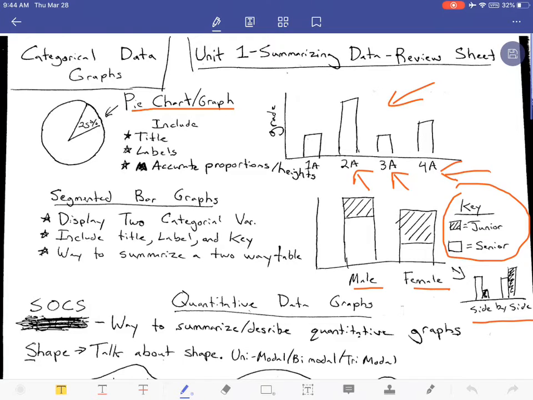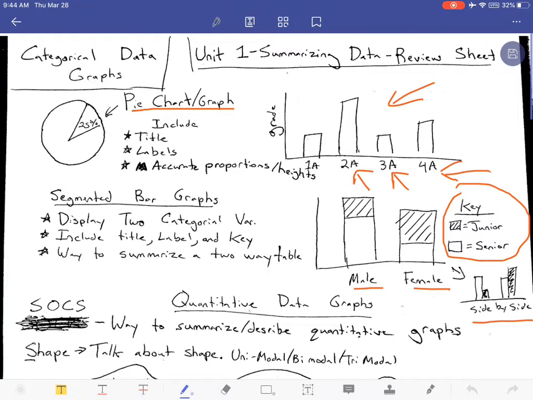And for all these categorical graphs, in general, you want to make sure you're including a title and your labels. I didn't include them all in here just so I could fit it all on one sheet, but make sure you have titles and labels for all your different graphs, that they're spaced evenly, and that if it's a pie chart, you have your proportions graphed in an accurate manner.